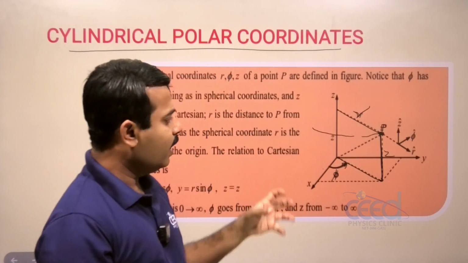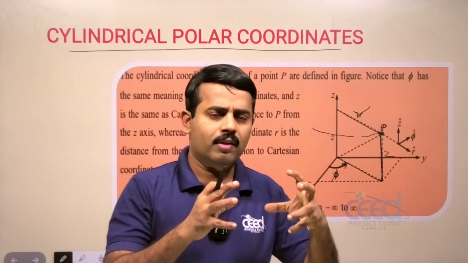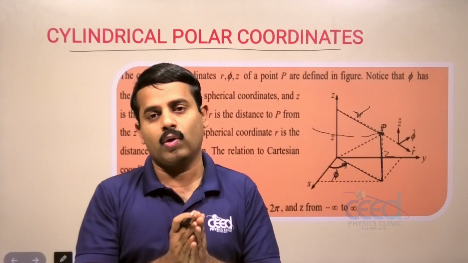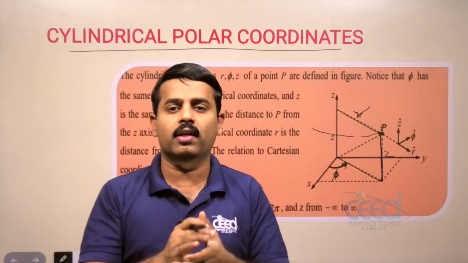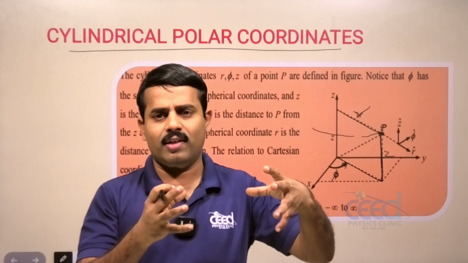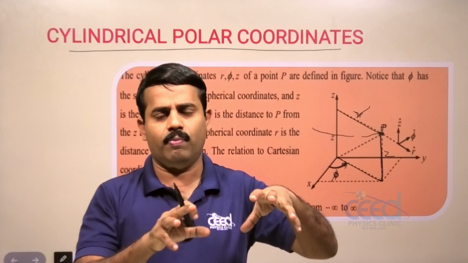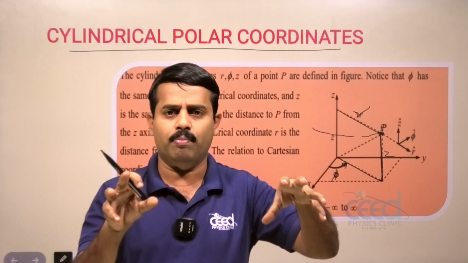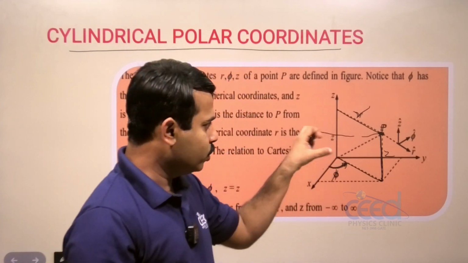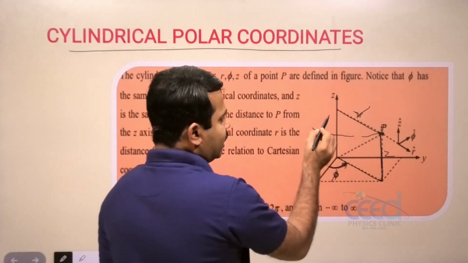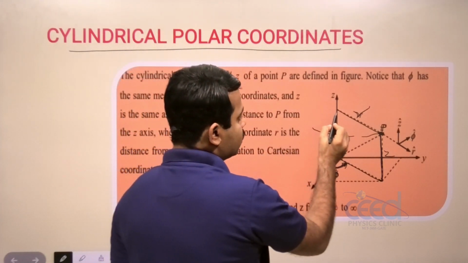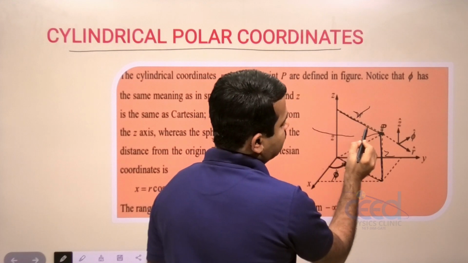As we see in the Cartesian coordinate system, all the axes are perpendicular to each other. Similarly, the unit vectors in the spherical polar coordinate system, r cap, theta cap, phi cap, are all perpendicular to each other. Now see here, in which direction the radius of this cylinder is increasing, this direction.